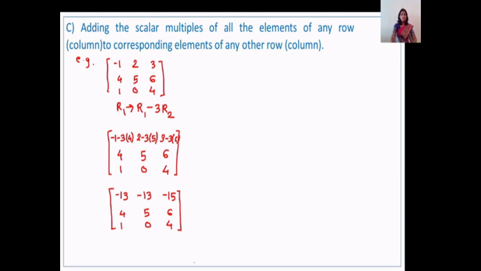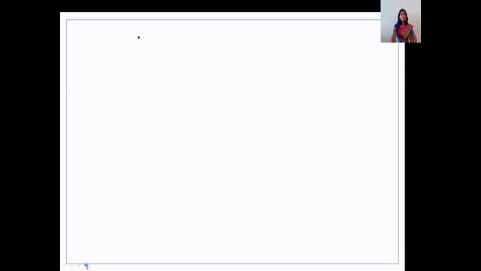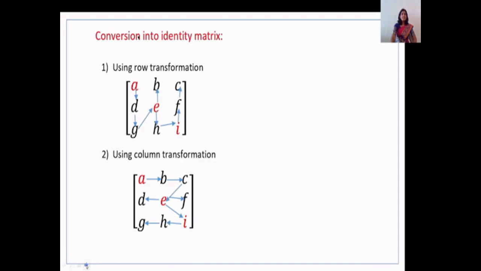Then next is conversion into identity matrix. We have to know this conversion into identity matrix for solving examples. There is a rule to convert any square matrix into an identity matrix.